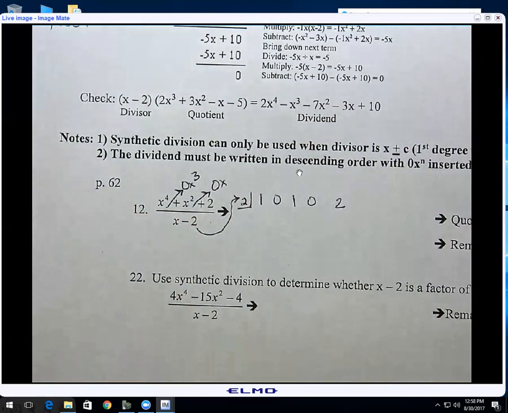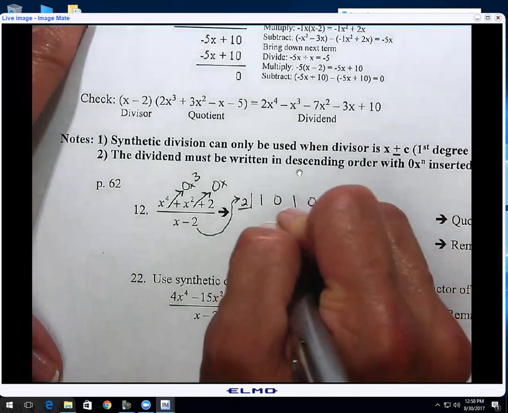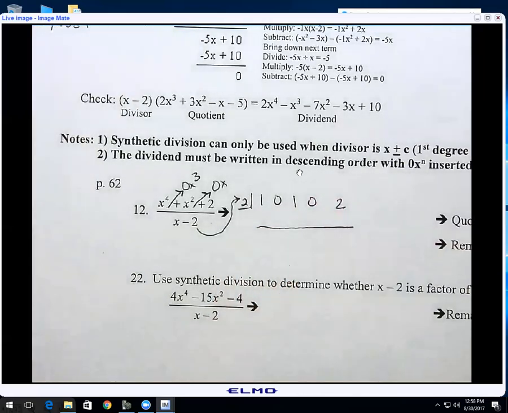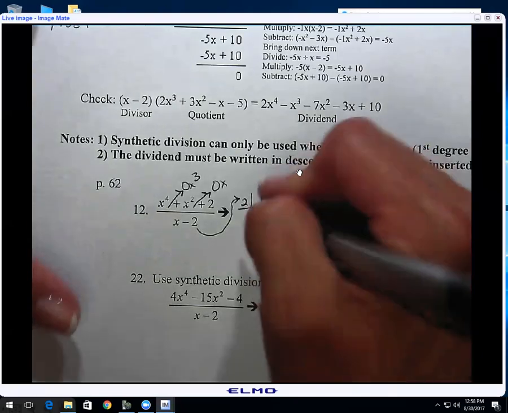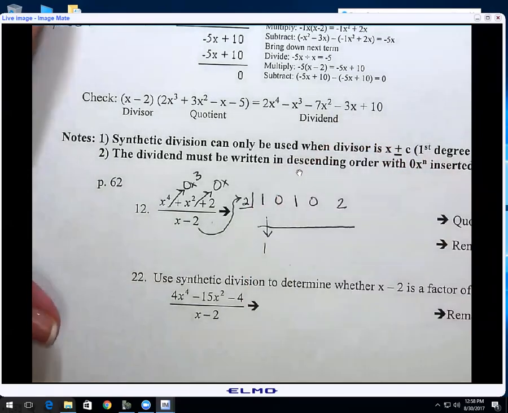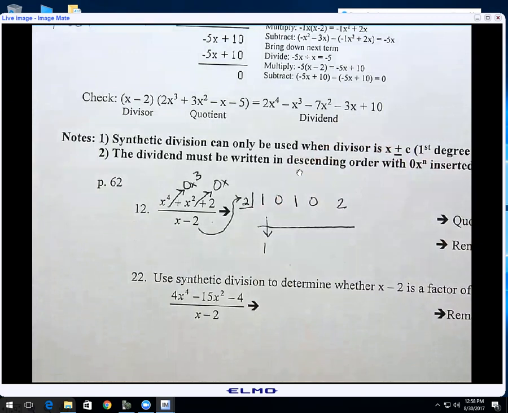Any questions? All right. Skip one line on your paper, draw a long horizontal line. And always just bring that first coefficient straight down. After that, you start a process of multiply, add, till you run out of things to multiply and add.